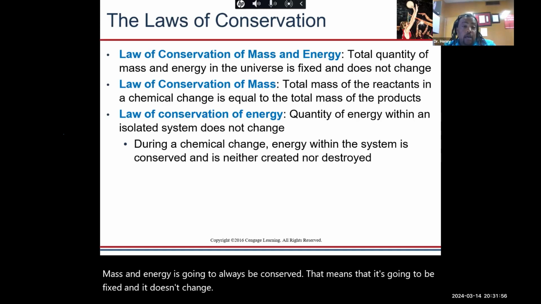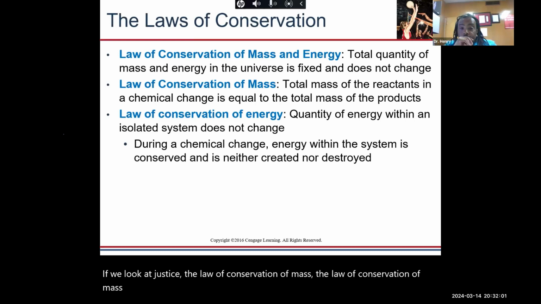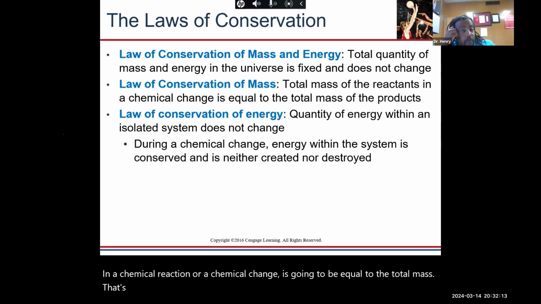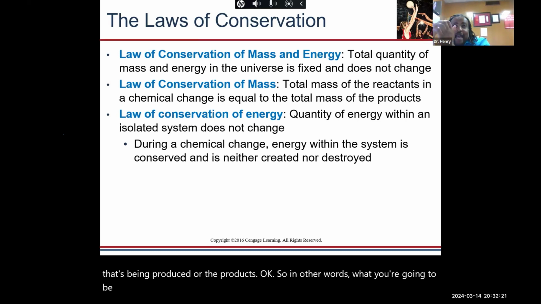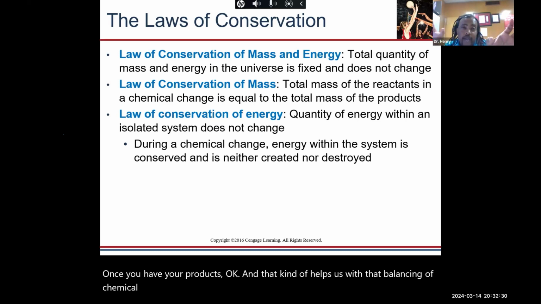The law of conservation of mass basically says that the total mass of the reactants in a chemical reaction or chemical change is going to be equal to the total mass of the products. So, in other words, what you put in, you have to get out, the same amount once you have your products. And that helps us with balancing chemical equations. What you put in, you have to get out.